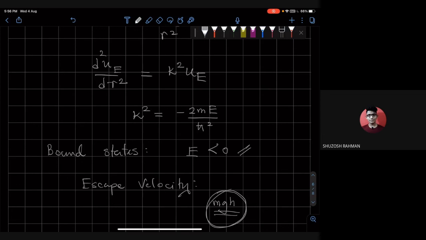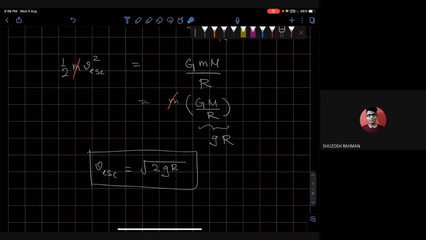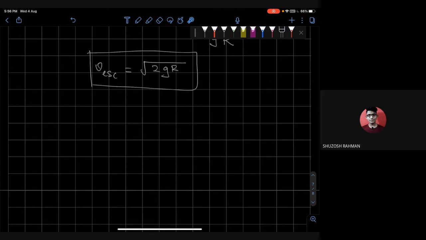Okay, so let's get back. In this formula, E is negative, and therefore this is positive, and therefore K squared is positive. So that means we have solutions to this, and the solution that is relevant for us is u_E(r) equals e to the power minus Kr, right?